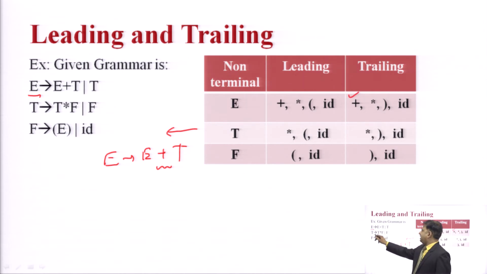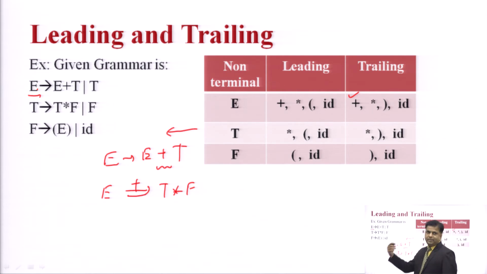E drives T and T drives F. That means E drives T star F. दो स्टेप में हमने कैलकुलेट किया, that E drives T star F. फिर से मैं देखूंगा इसमें पीछे से फर्स्ट टर्मिनल सिंबल कौन सा हो सकता है, that is the star. So, this is my star in the trailing of T. Similarly, T drives F and F drives E, that means E drives in multiple steps.